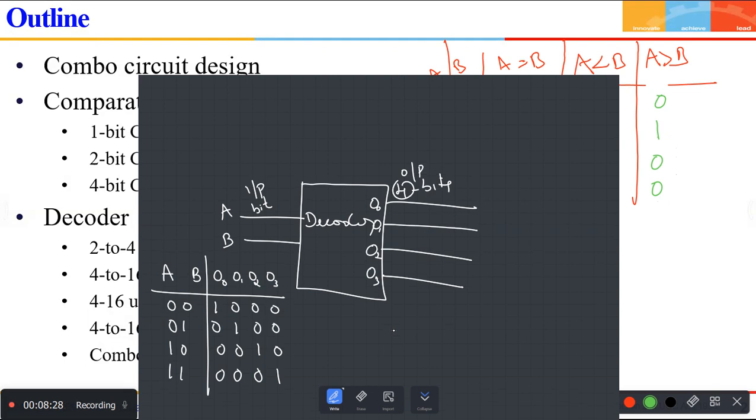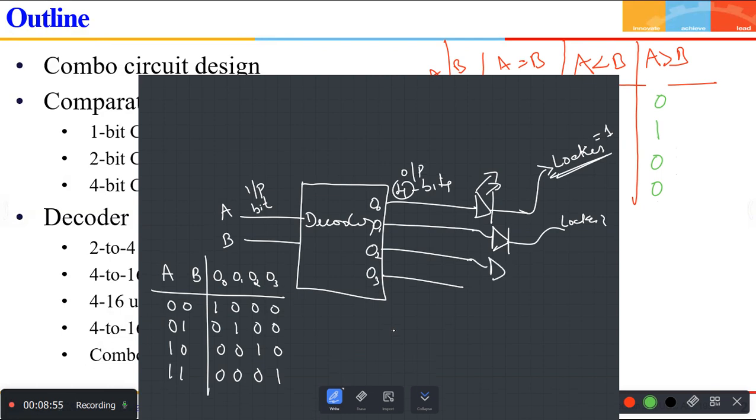Suppose you connect an LED here, or assume that you connected a locker. Locker 1, and this you connected to locker 2.